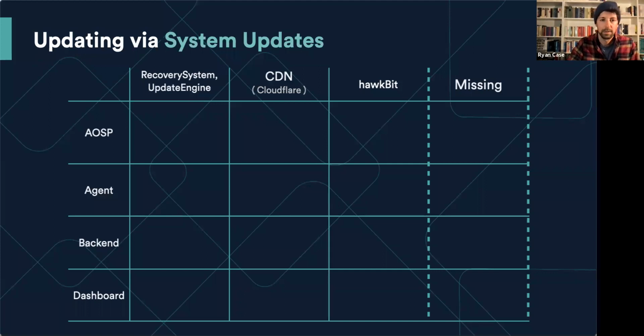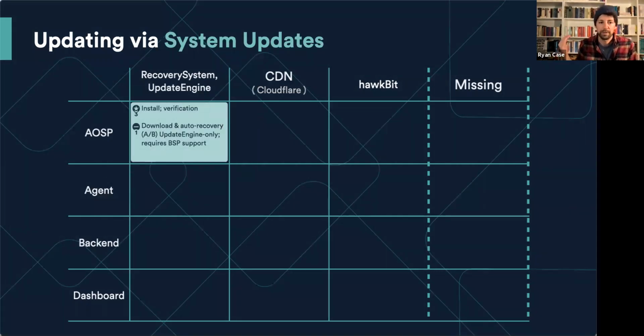So as before, let's start with the on-device APIs. So we have a win there. The recovery system and update engine APIs are great. They just pass over our payload. They handle all the cryptographic verification. In the case of the update engine API, they also do A/B updates.